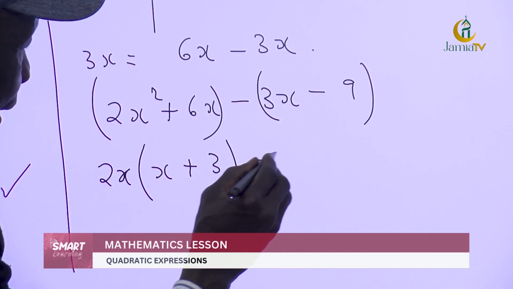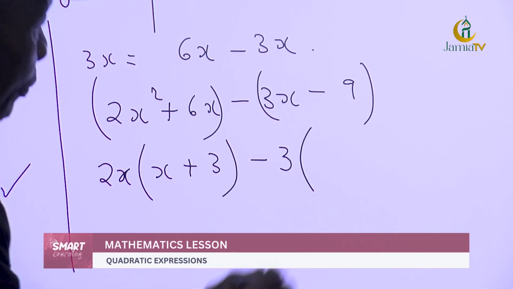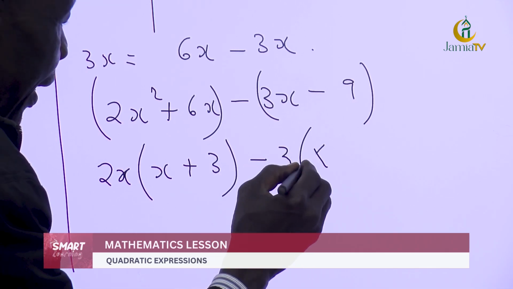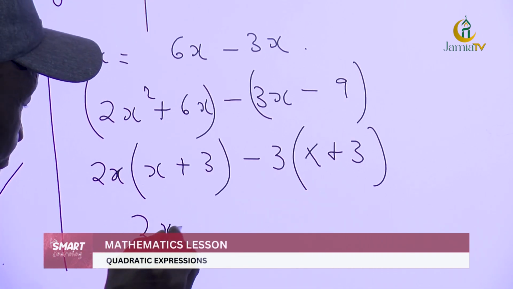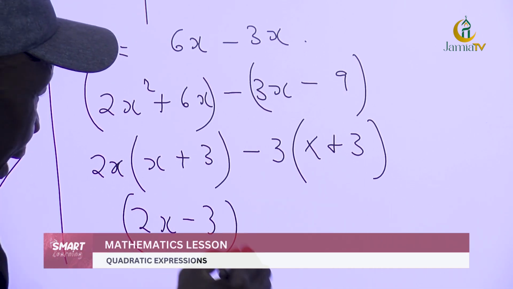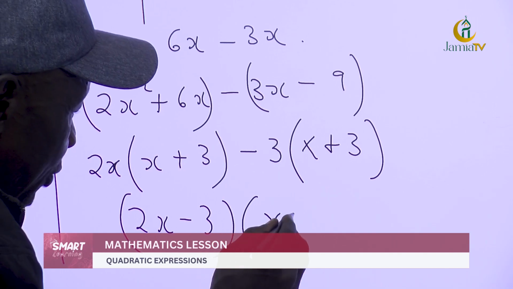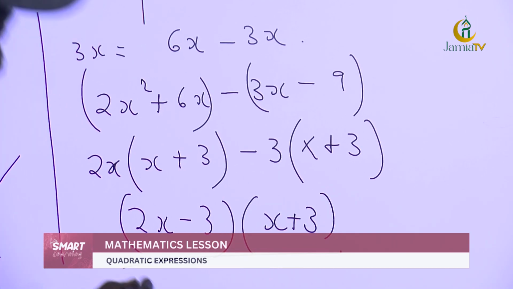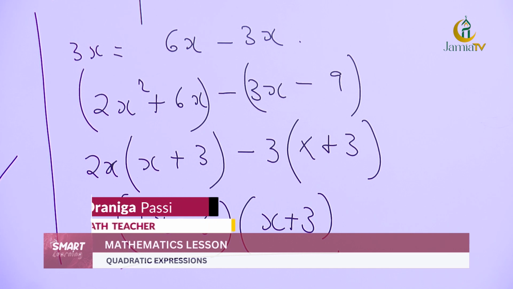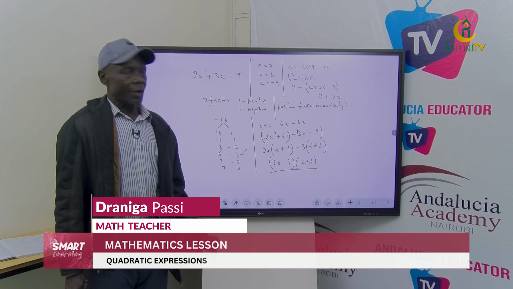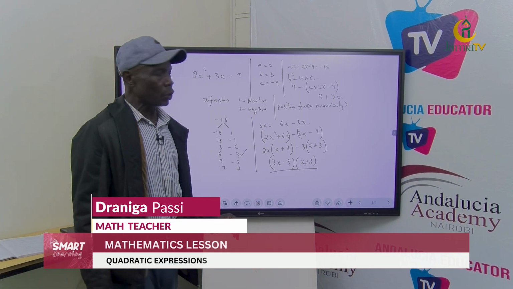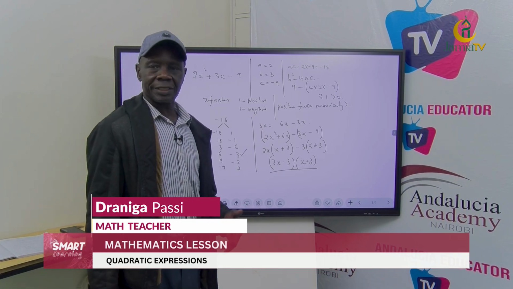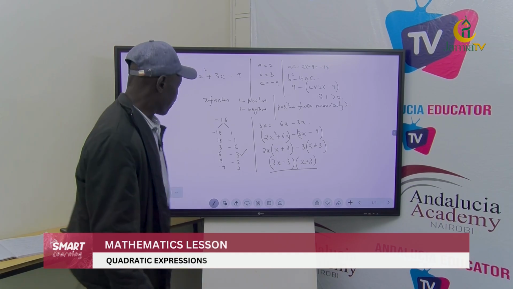And then minus 3 will be a factor here again, leaving x plus 3. So I'll have 2x minus 3 and x plus 3. I'll have factorized. So these are the simple steps you need to do, and once you have these steps, it will be quite easy for you to factorize quadratic expressions.